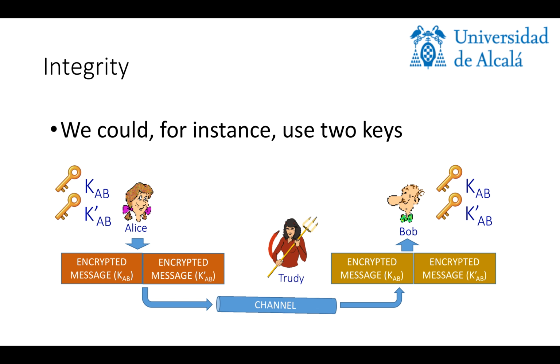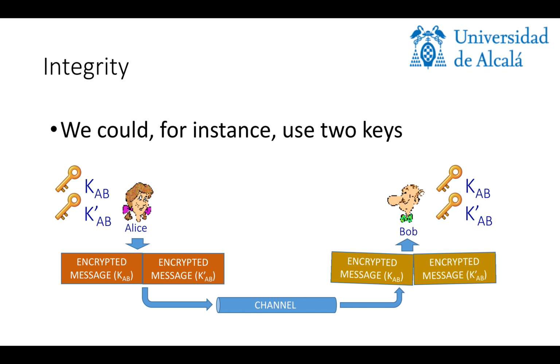Here, if Trudy messes with the channel, of course, she will mess with the encrypted messages, but since Trudy does not have the keys, it is extremely unlikely that when Bob decrypts the messed up messages, these two messages are going to decrypt to the same original message. And in this case, Bob would realize that something wrong has happened. So this would provide integrity.